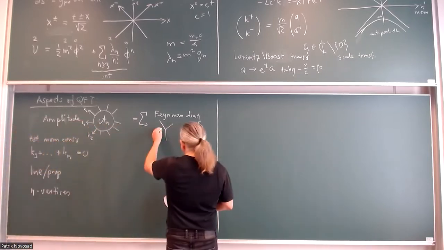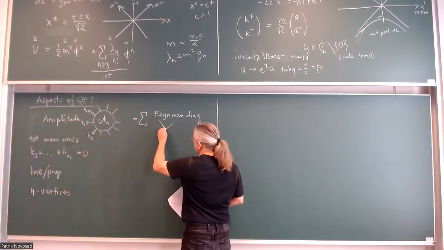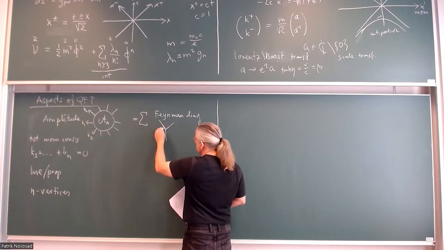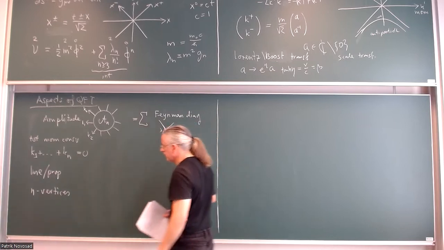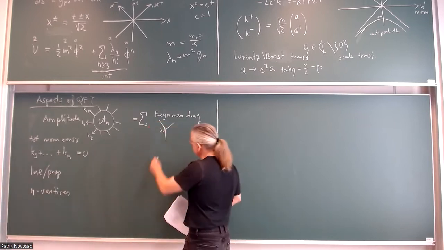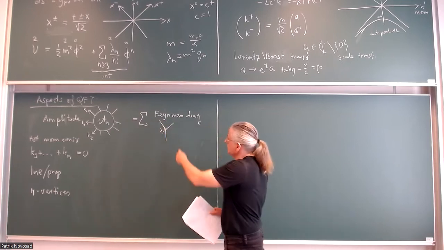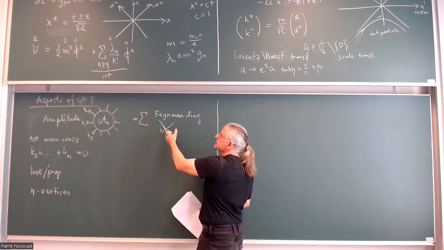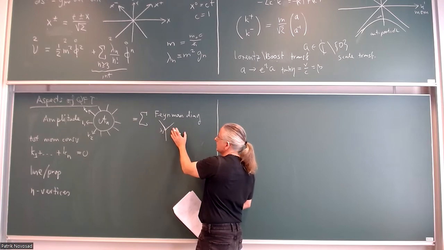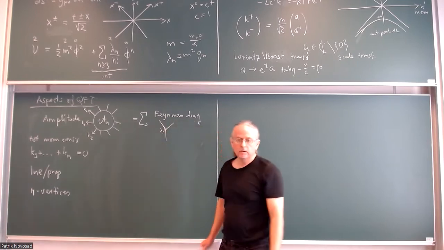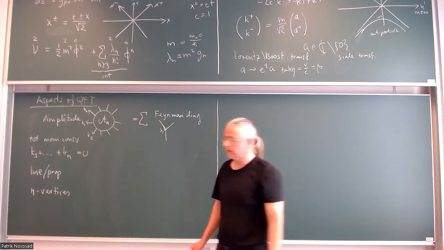So for instance here there will be some external legs and internal legs, and there will be vertices, and there will be some final rules that tell us how to interpret, transcribe or translate these pictures or diagrams into mathematical formulas.